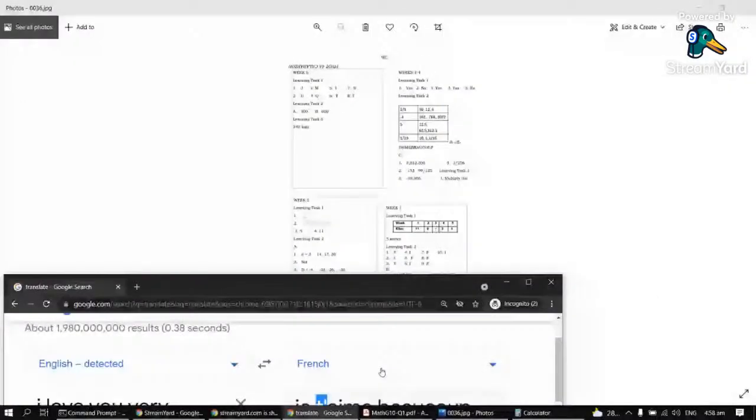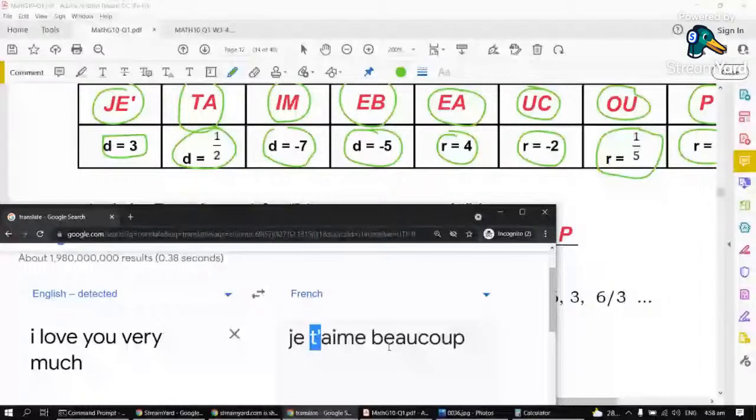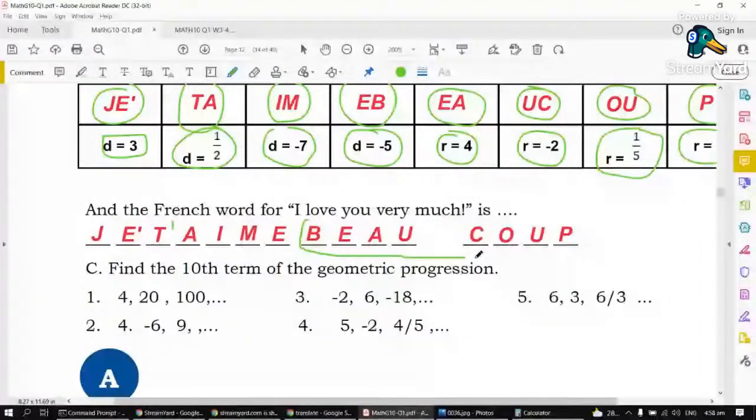And then magkadikit itong buku. Dito pinag-iwalay niya. So dapat magkadikit tong dalawang word na to. Okay, so je t'aime beaucoup.